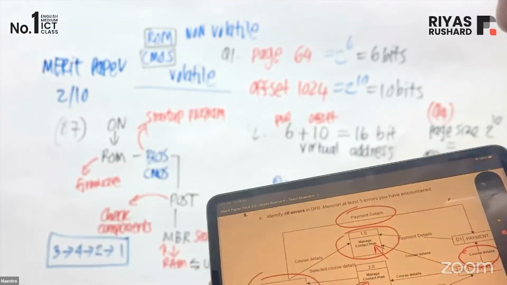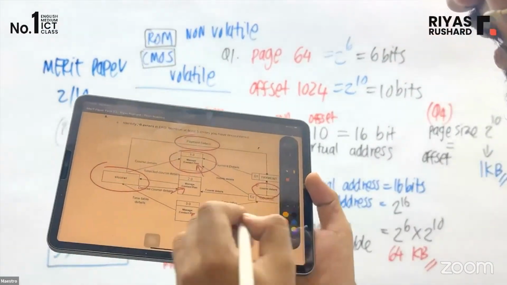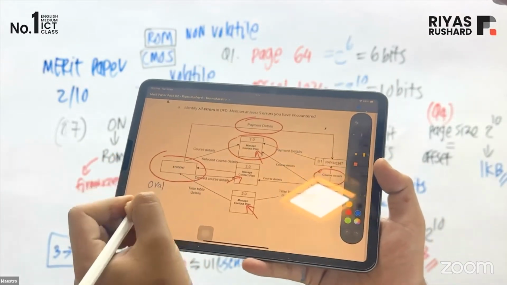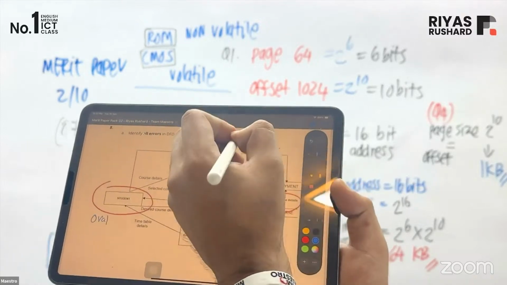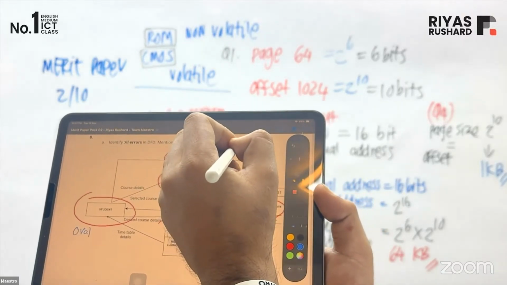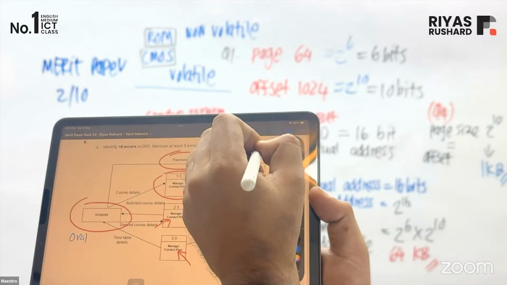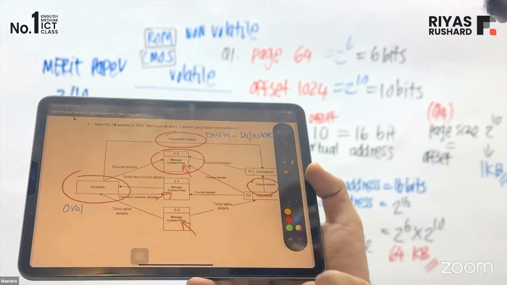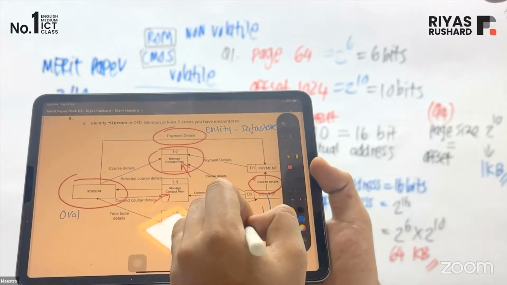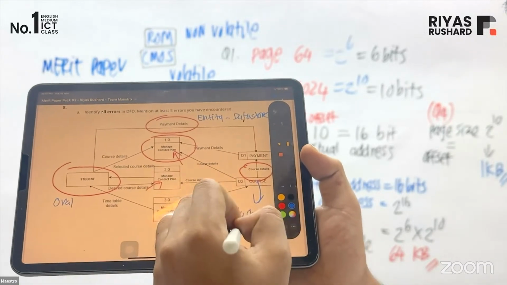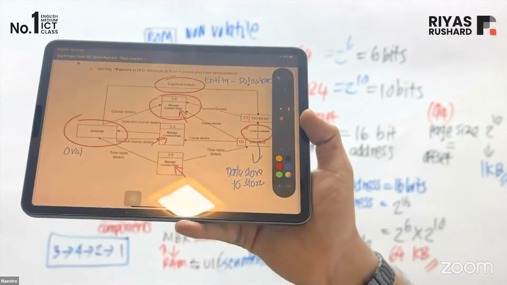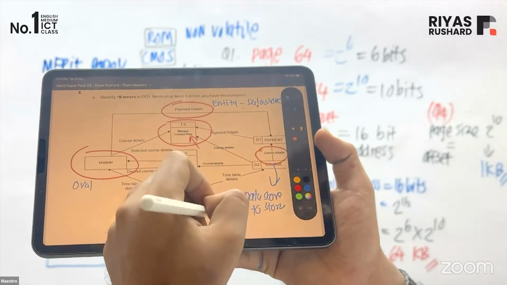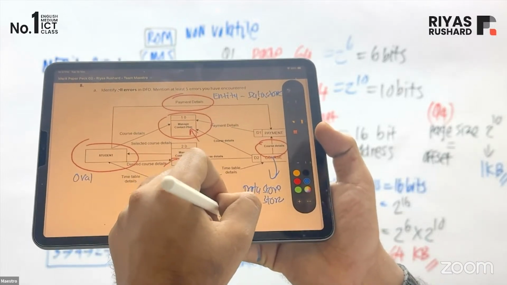So number one, here must be an oval shape. This is from entity to data store. Cannot have directly data store. Here data store to data store. Repeated process name.